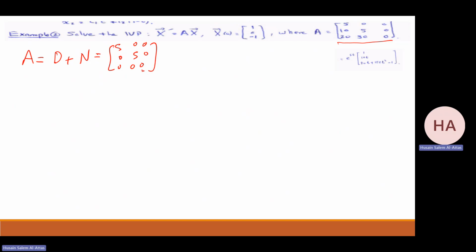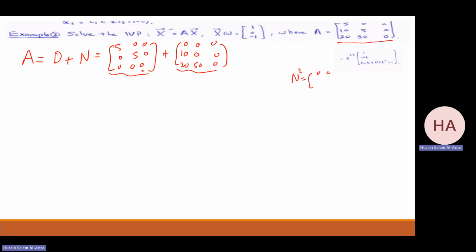Diagonal means the off-diagonal entries are 0, and the diagonal elements can be any value. Plus N, which is 0, 0, 0, 10, 0, 0, 20, 50, 0. So this is D plus N. This is diagonal, and this is nilpotent. You can check this.